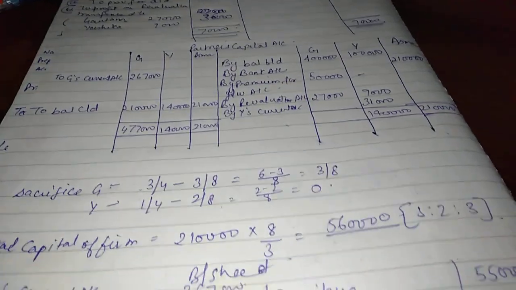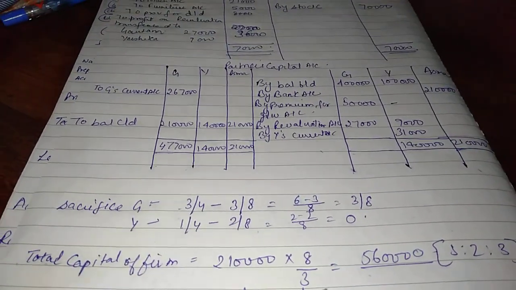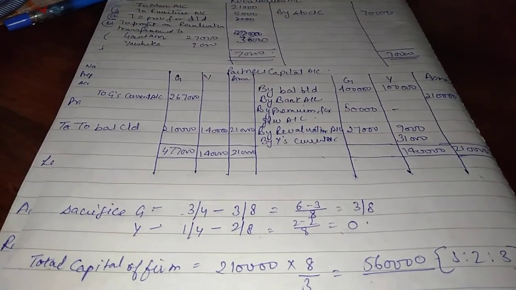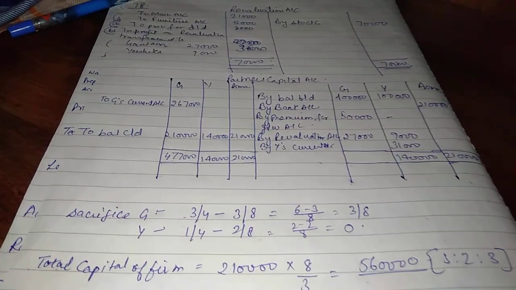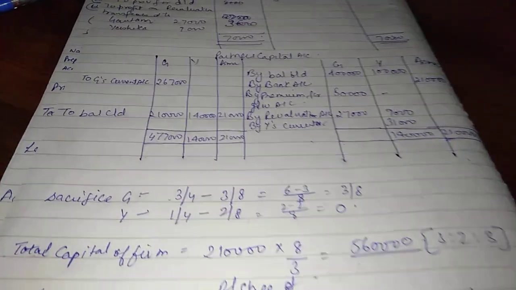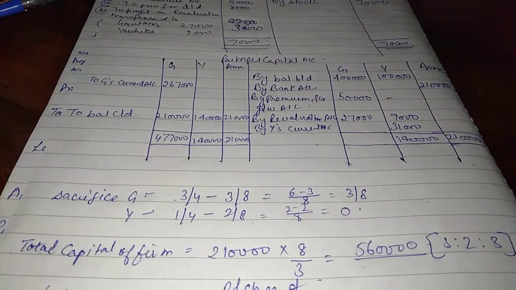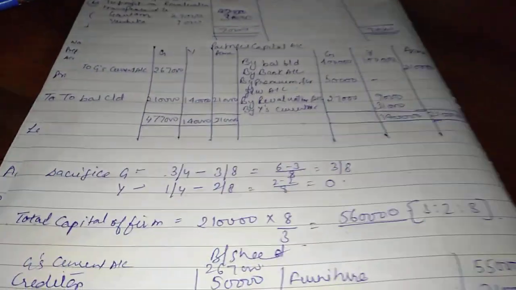So I have calculated the gaining and sacrificing ratio here, in which I got that the old ratio was 3:1, meaning 3/4 for Gautam, and the new ratio was 3:2:3. So 3/4 minus 3/8, I got 3/8 here, and Yashika has not sacrificed anything.